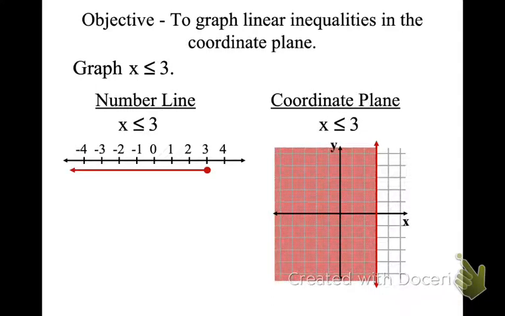So, what this really means is that we're shading that. And what that really means is that every single point in this shaded area is a solution. Meaning, I could take this point right here, 0.